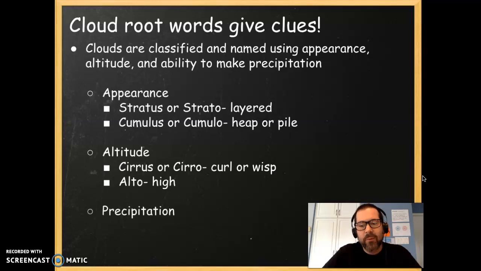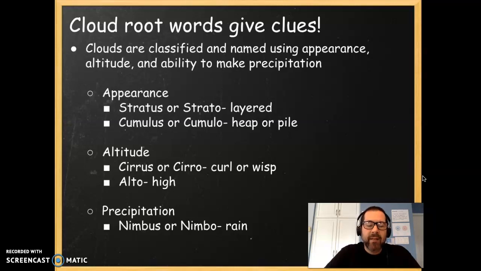Finally, when we look at root words, the clouds that indicate precipitation usually have the word nimbus or nimbo in their name, and that Latin root word means rain. So what you're going to see is we combine these different prefixes, suffixes, and root words to describe different types of clouds.